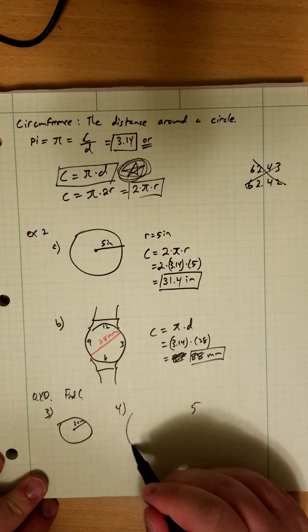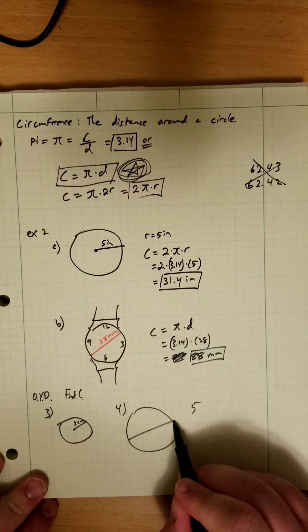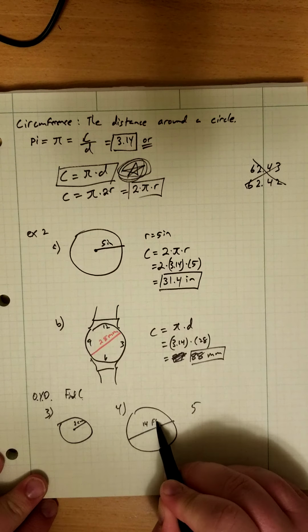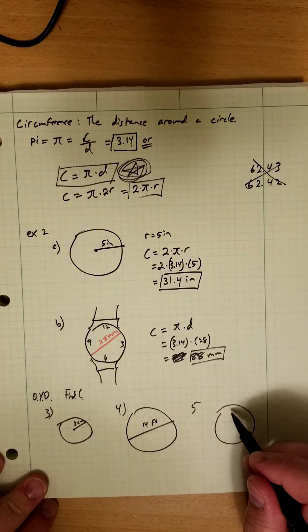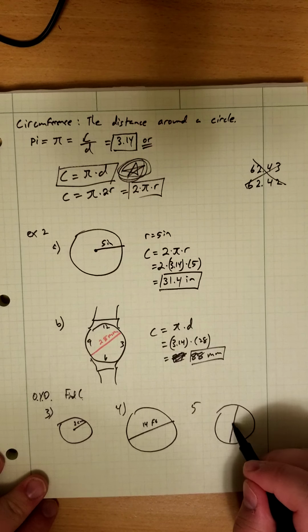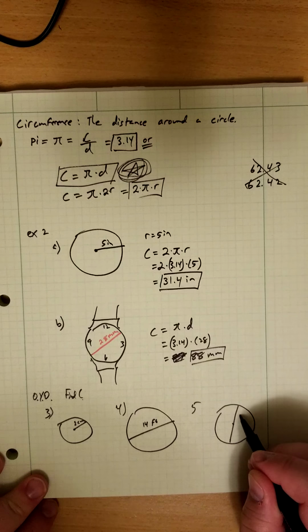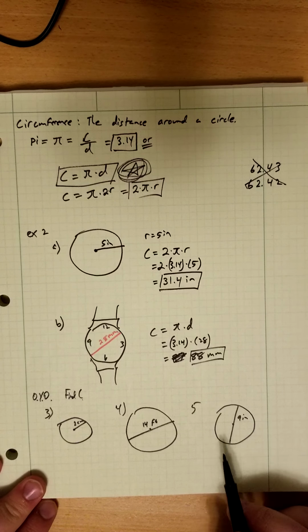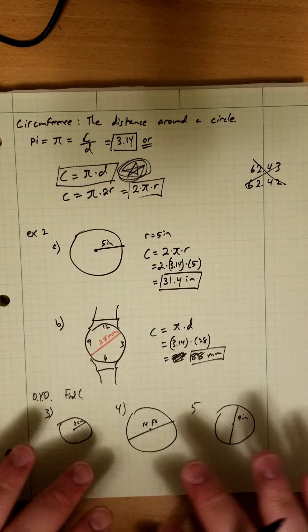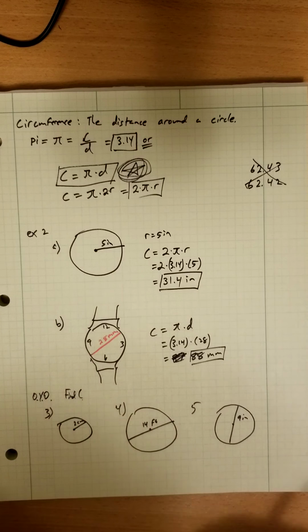We've got a swimming pool whose diameter is 14 feet. And then we have a dinner plate whose diameter is 9 inches. Find the circumference of each of these 3 things. All right, pause your video, and do these on your own, please.